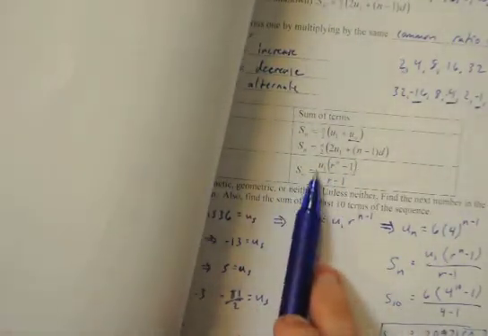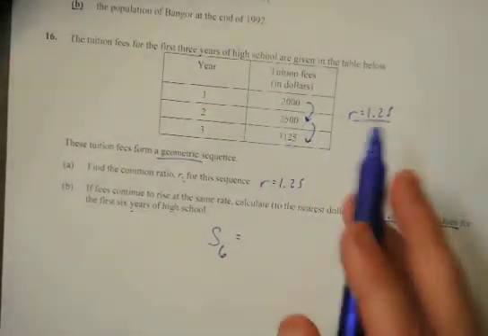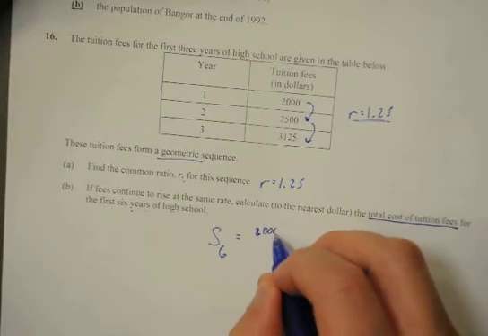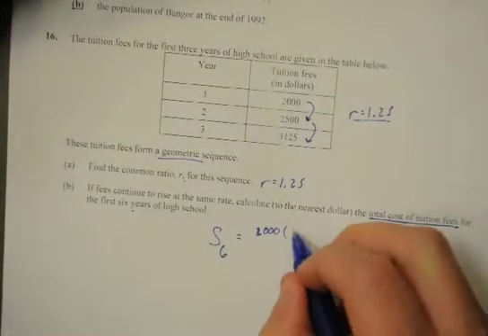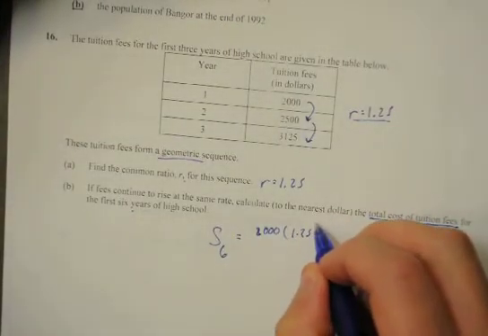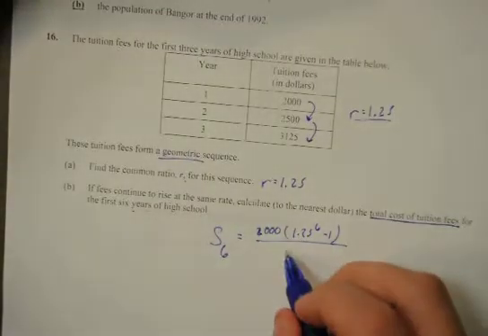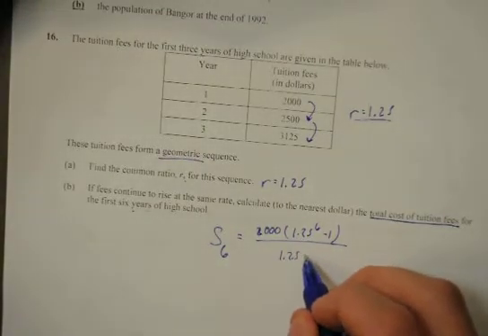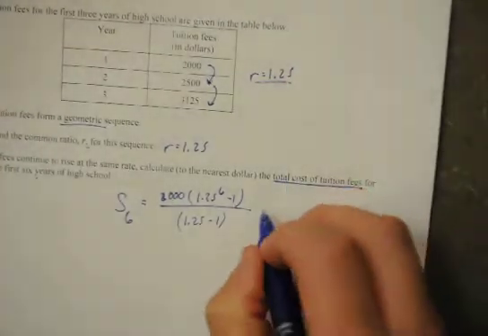So we're going to use this equation right here, so we plug in u1, which is 2000, and then r to the nth power, 6th power for us, minus 1, over r minus 1, like that. So here's what we can do to plug this into our calculator.